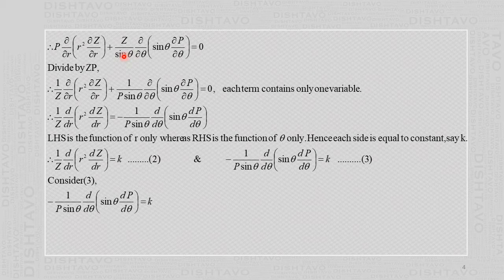If we do away with Z in the second term, the second term will depend only on theta. So in order to do that, we divide by ZP throughout. When we divide by ZP throughout, P cancels and what remains here is Z. Here Z cancels and what remains is P. So now each term contains only one variable.